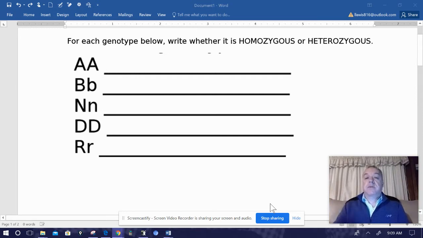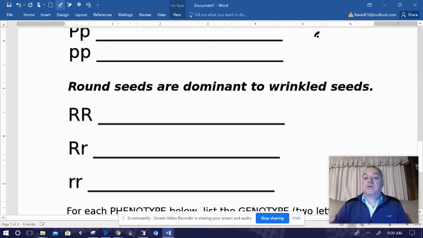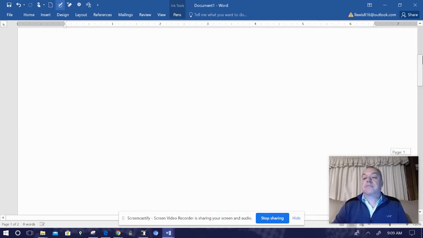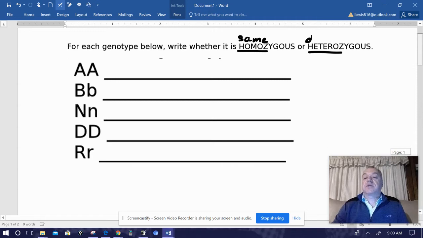So two words that it is important to understand are the words homozygous and heterozygous. We know from a previous understanding that homo means same. Hetero refers to different.